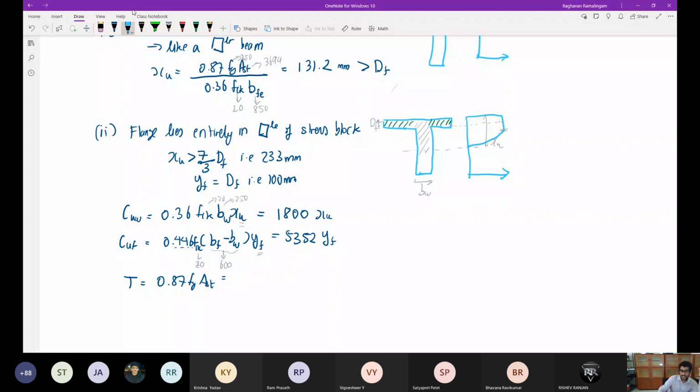So basically what we are finding is, there's a CUF part, there's a CUW part, and this is T. Okay.